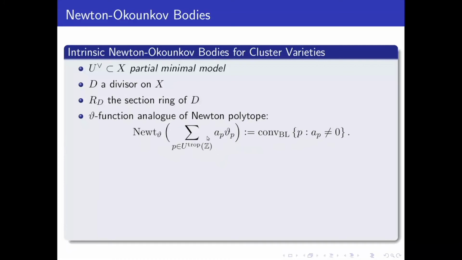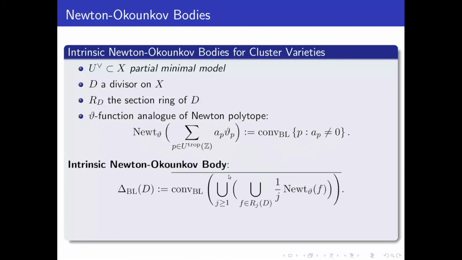So any theta function that actually contributes to this sum will take the broken line convex hull of those corresponding tropical points. Broken line convex hull means exactly what you would expect. It's just the smallest broken line convex set that contains all of these P.